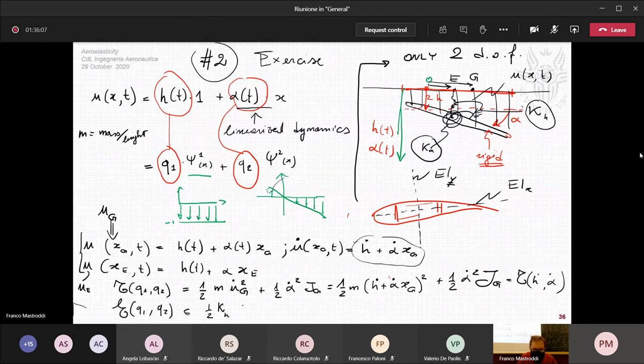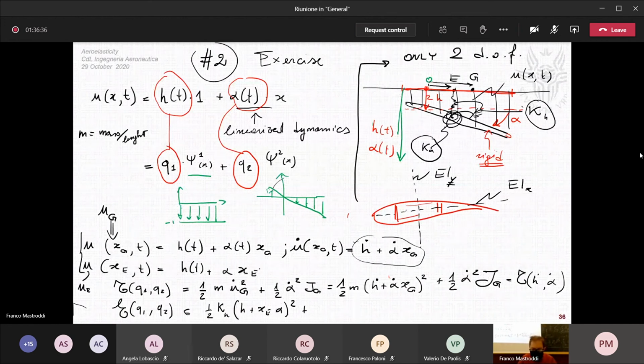Here I have to use uE, and so we have (h plus xE alpha) to the power 2. And this is the elastic energy associated to the vertical spring, plus the elastic energy associated to the torsional spring.